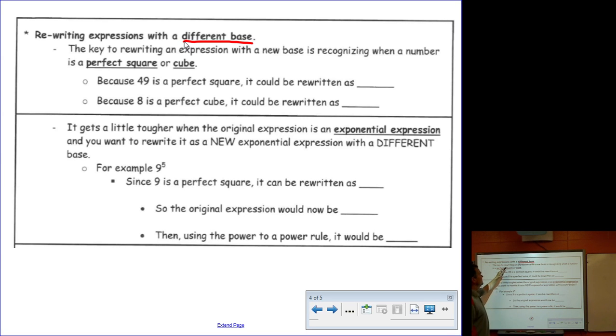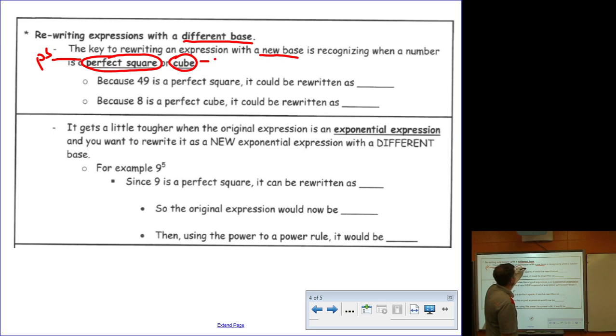The key to rewriting an expression with a new base is recognizing when a number is a perfect square, we'll call that PS, or a perfect cube, we'll call that PC. When a number is a perfect square or perfect cube, it is easy to rewrite it with a different base.